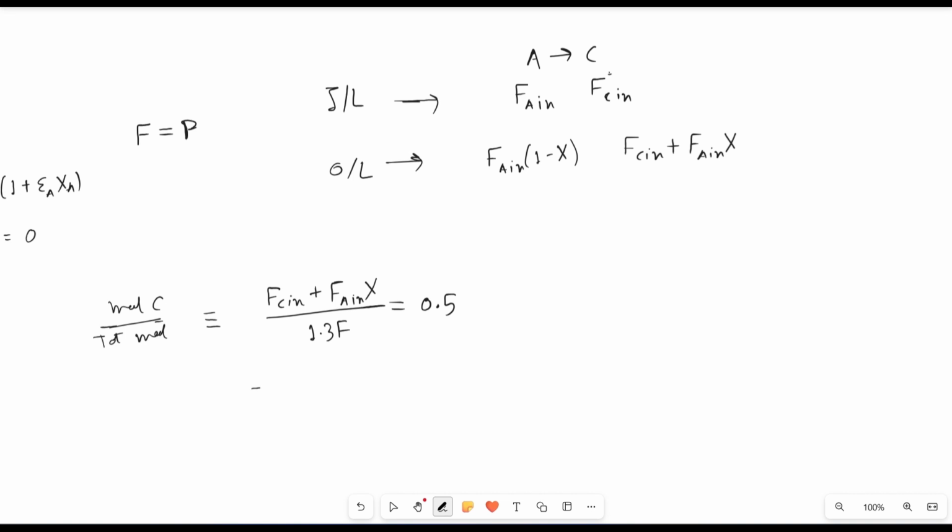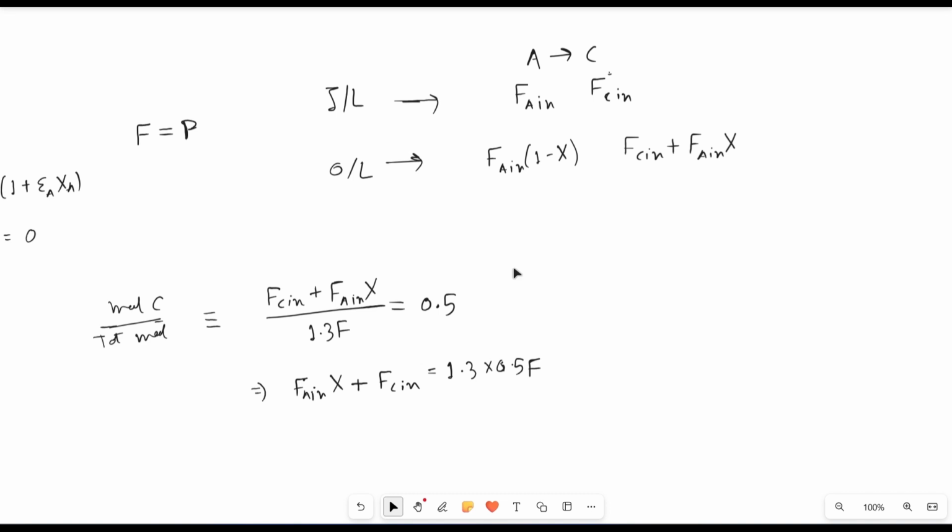So if we simplify this, FA in X plus FC in is equal to 1.3 times 0.5 F. Now FC in, the inlet C, is of 50% concentration.